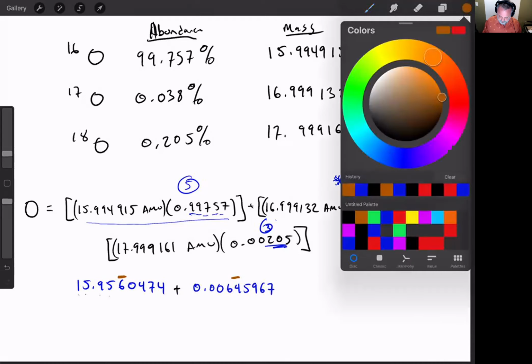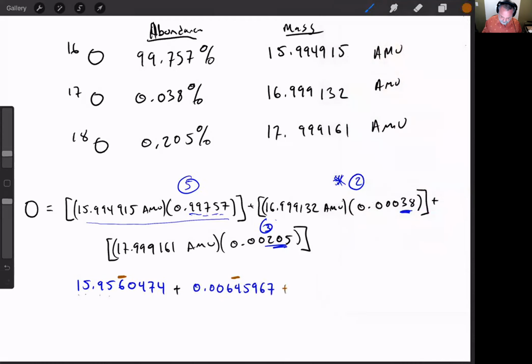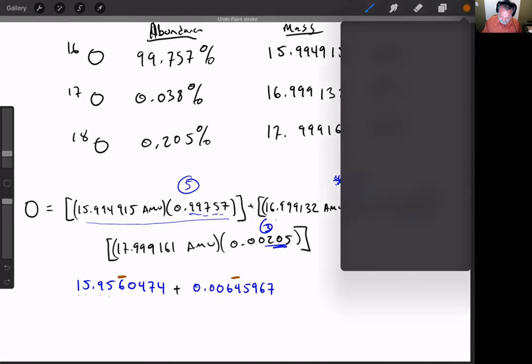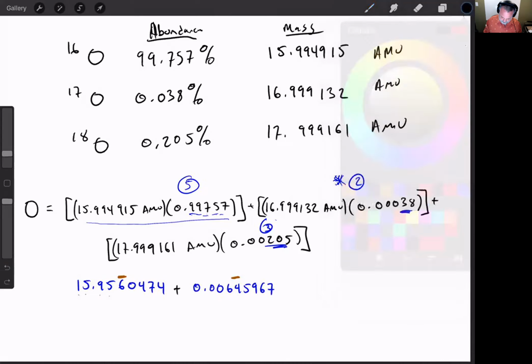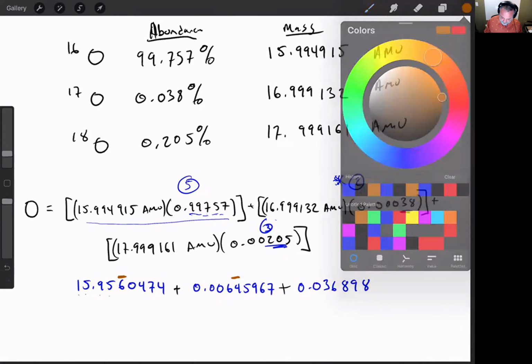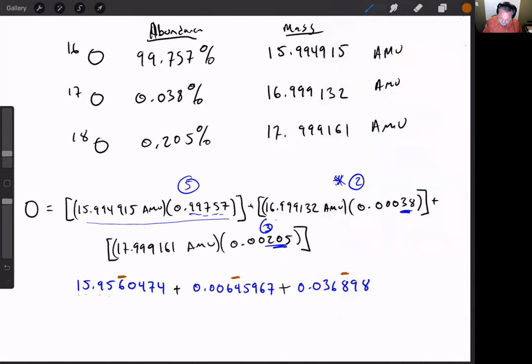All right, let's keep going. I want to do the third term, 17.999161 times 0.00205. And I get 0.036898, and I'm limited to 3 sig figs in this place. So there is the sig fig on that one.